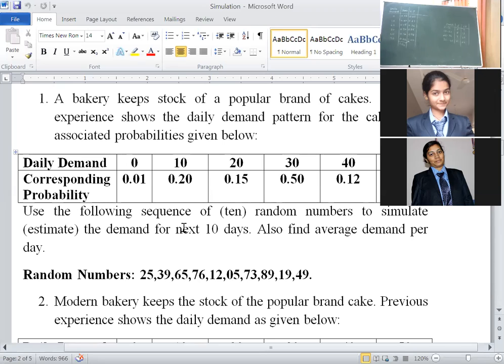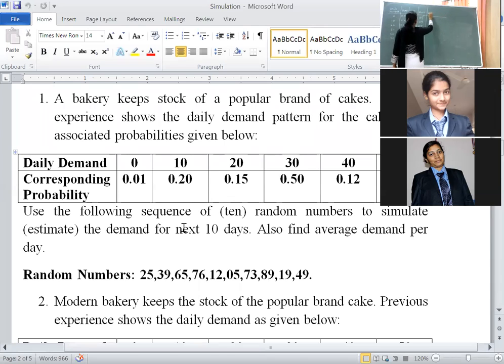Then after that, the procedure is we have to take the random numbers. Whatever random numbers they have given, we take them as they are. The random numbers given in the problem, highlighted in bold, are 25, 65, 76, 12, 05, 73, 89, 19, 49.